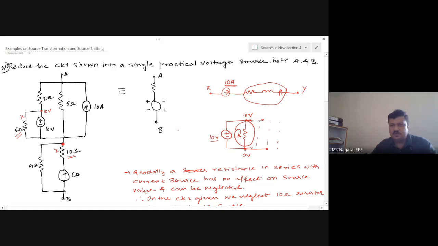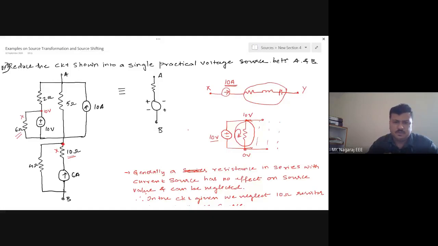Okay. So this is how we have to solve an example of source transformation. Whenever we are going for any circuit reduction technique, first we have to observe whether there are any redundant elements present in the circuit. Because my ultimate aim is not to find the current or voltage, it is to find the equivalent circuit. So when I want to find the equivalent circuit, I should be using only those elements which are making some effect. The elements which are not making any effect can be neglected for the time being for my simplification.